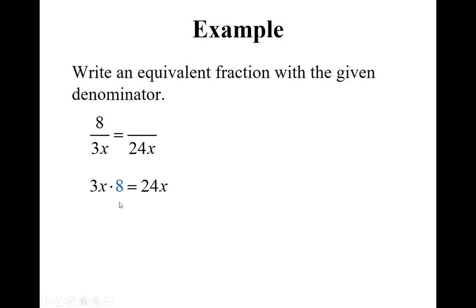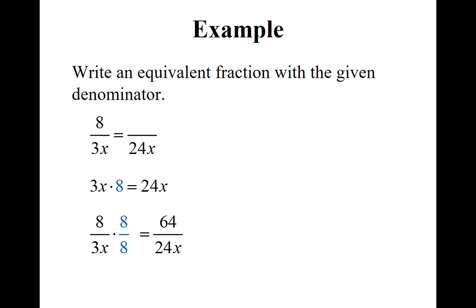Well, 3x times 8 would be 24x. So since we're multiplying by 8 on the bottom, we have to multiply by 8 on the top. 8 times 8 is 64. So the equivalent fraction is 64 over 24x.